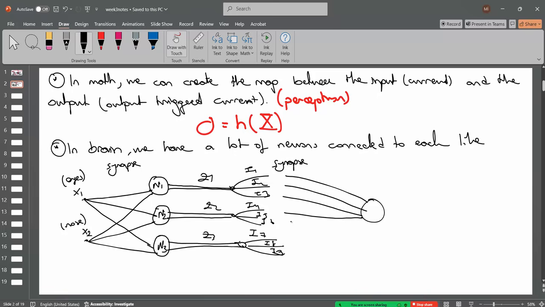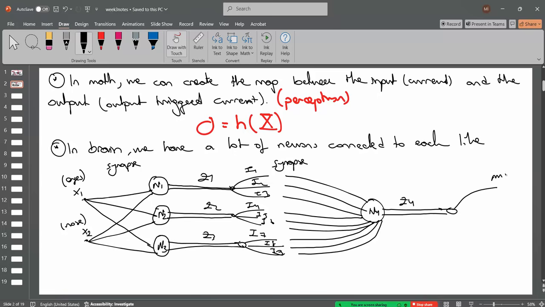Maybe this is the decision neuron. It decides to act or move the person or the arm. We don't know, but we can generate another output in here from N4, and this is the Z4, and maybe it goes to, for example, the muscle. Or for example the heart, or for example we can talk based on these currents in here.